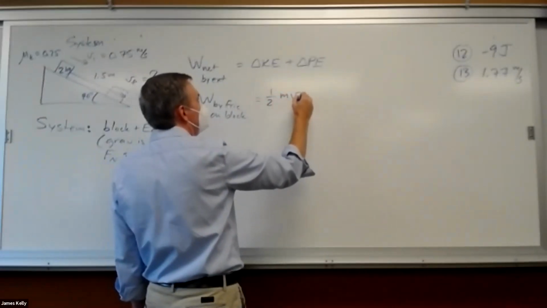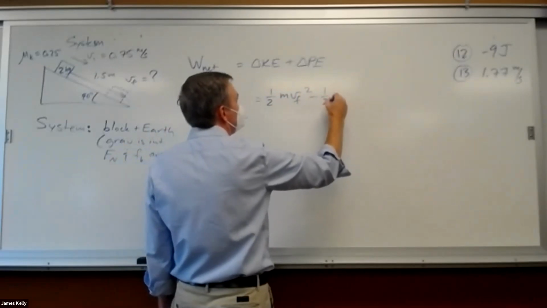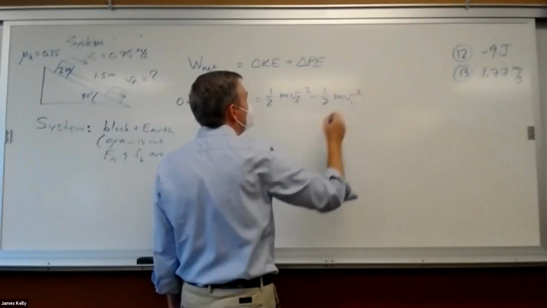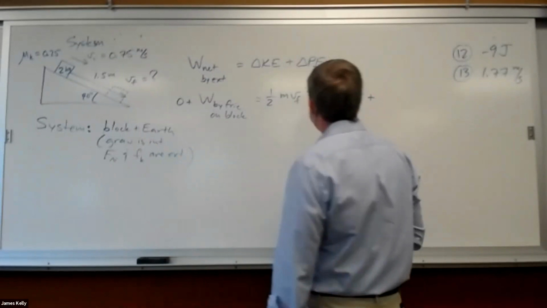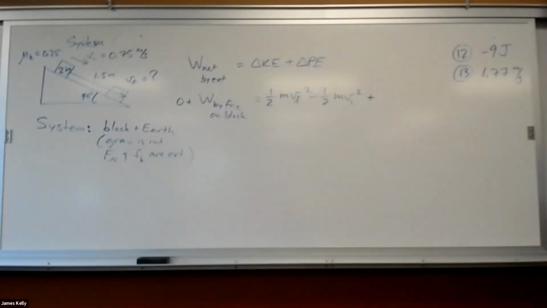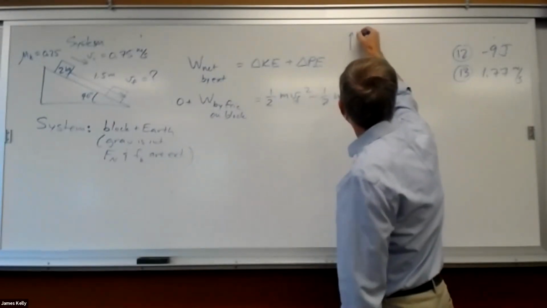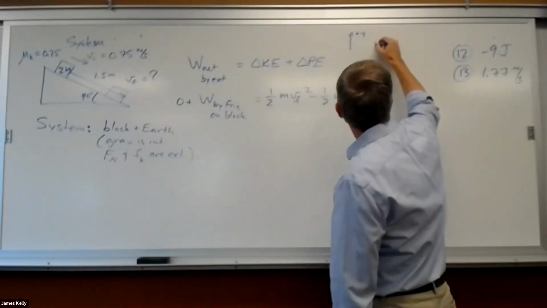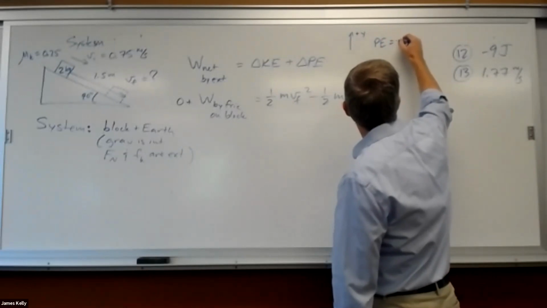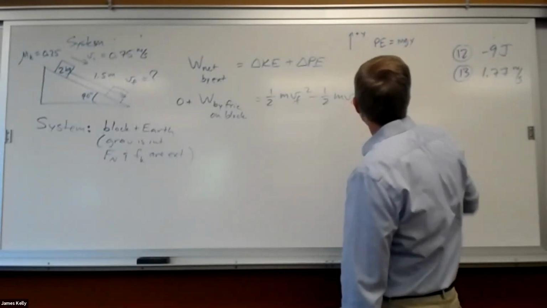1/2 m v final squared minus 1/2 m v initial squared plus, well, let's see. I made gravity an internal force. The gravitational potential energy always assumes plus y is up, and the potential energy formula is mgy.